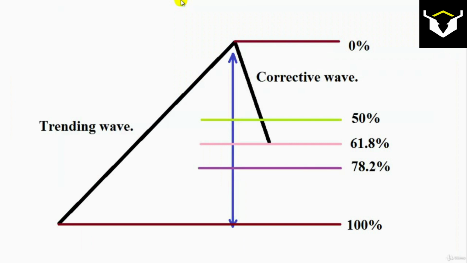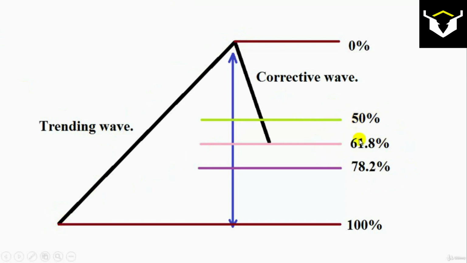Following is a diagram where you can see the upward moving black line denotes a trending wave, and the downward coming black line denotes a corrective wave. The trending wave from top to bottom is measured and its ratios are plotted.